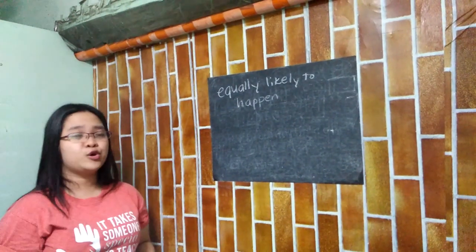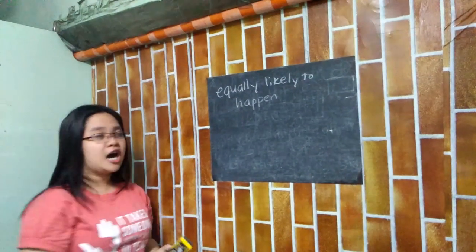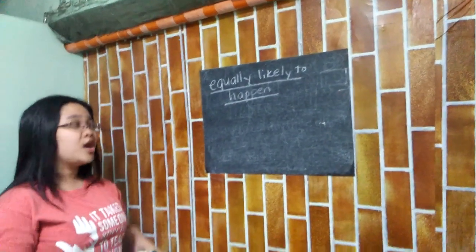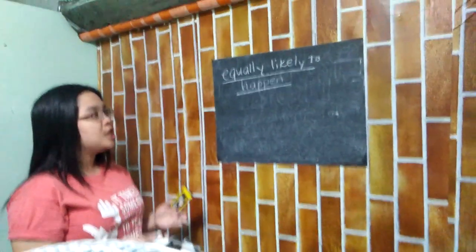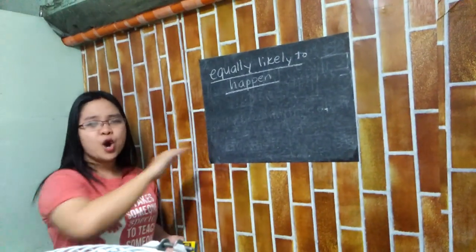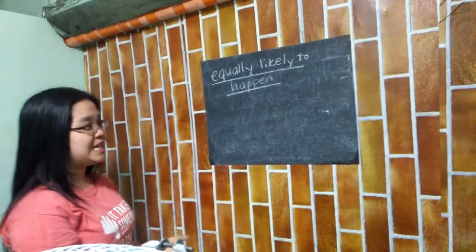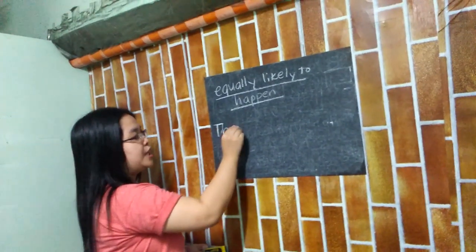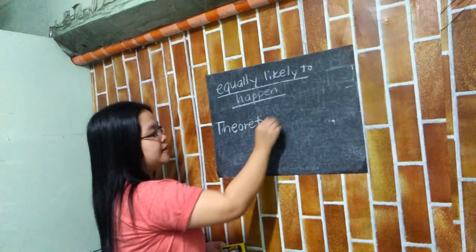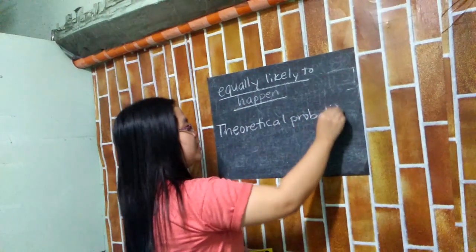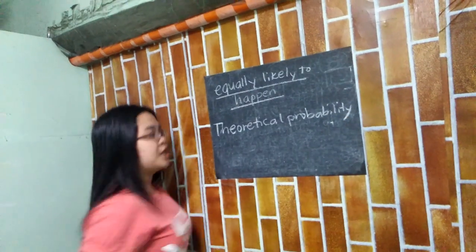We are assuming that all the outcomes given are equally likely to happen. What do you call that probability? That is what we call theoretical probability.